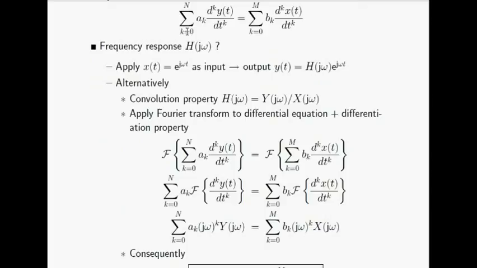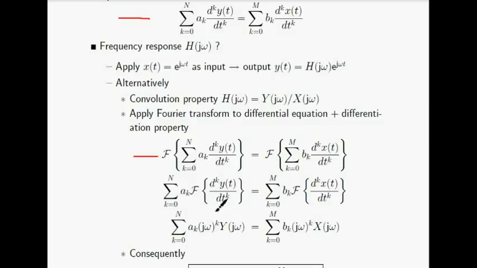So if I apply the Fourier transform to this differential equation, the summation and a_k will move out. Only the Fourier transform of d^k y(t) upon dt^k, and similarly the Fourier transform of d^k x(t) upon dt^k, will be required to determine.